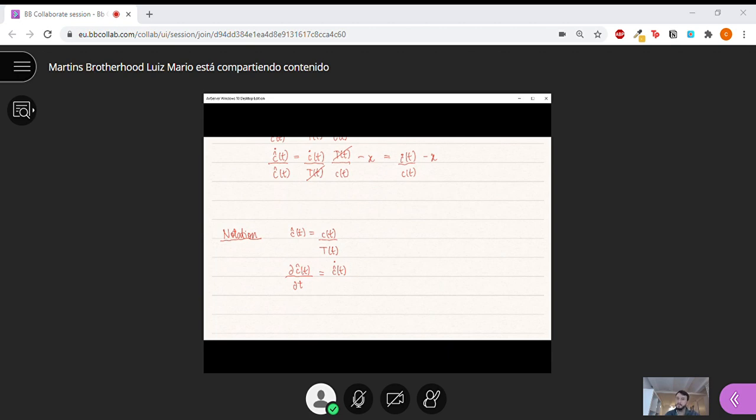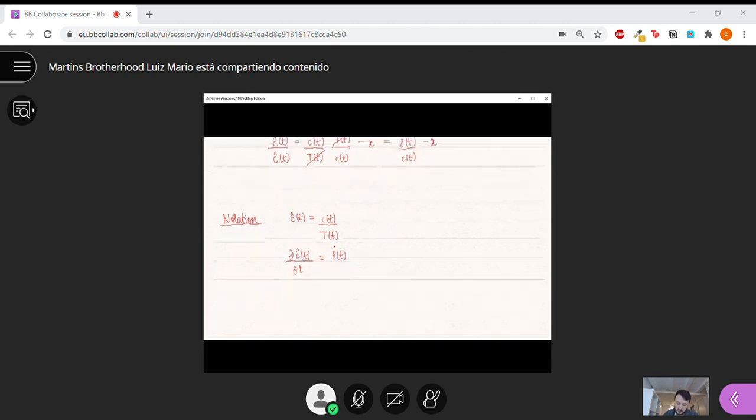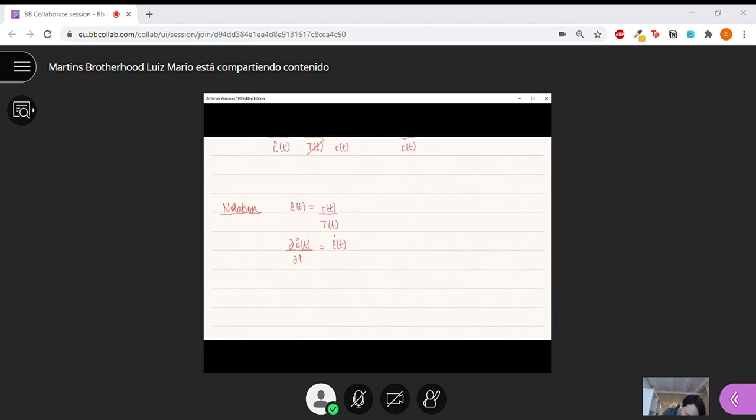Remember that the relative change of a variable in time, let's say the variable is x, is x dot over x, because that's like final x minus initial x divided by initial x.